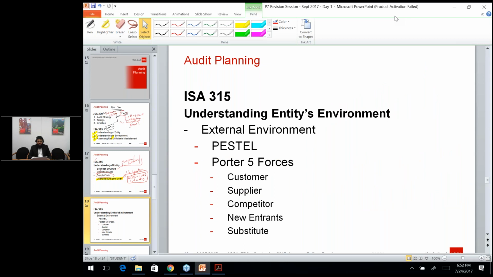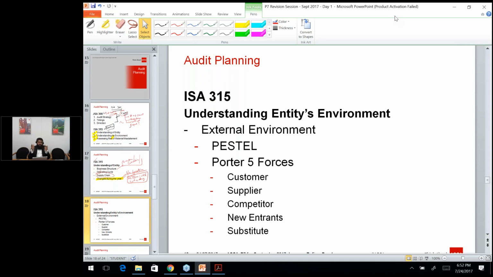When we talk about the entity's environment, there are 2 things that we need to understand: the external environment and the internal environment. Now, why is it important? You might have a question: why is it important for the audit to understand the environment of the entity?